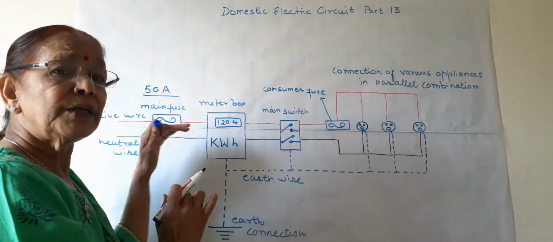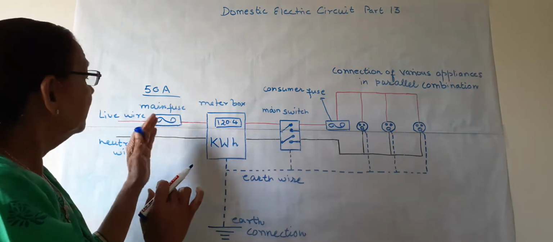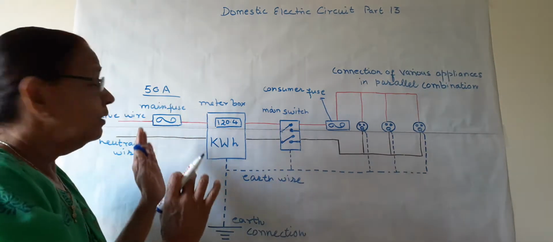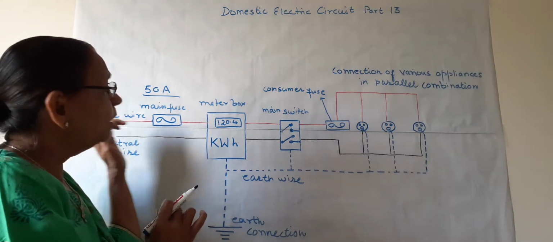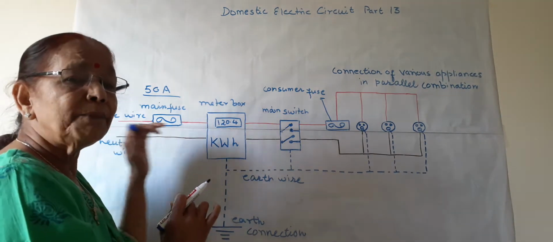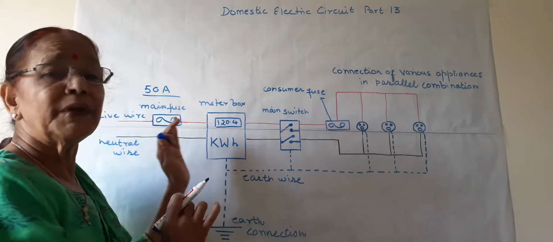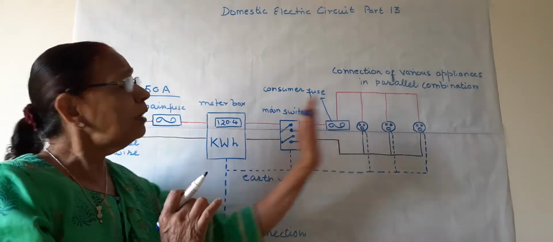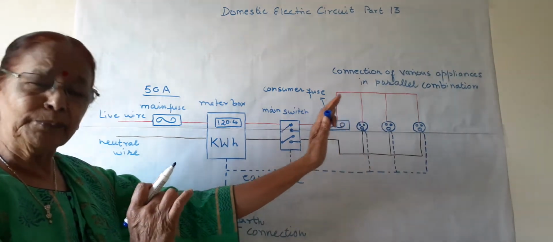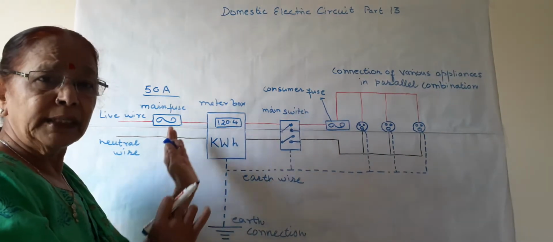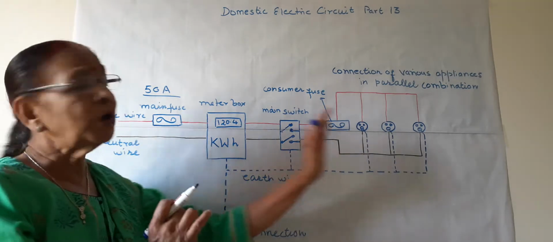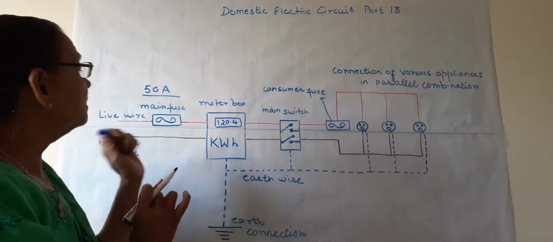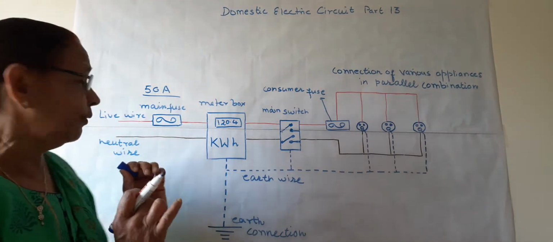If the current is more than 50 ampere, then it will blow off or melt. So this fuse does not allow the passage of more than 50 ampere current, so that all our appliances will be safe. It is a safeguard for the complete circuit of our house. This is the company fuse or main fuse.